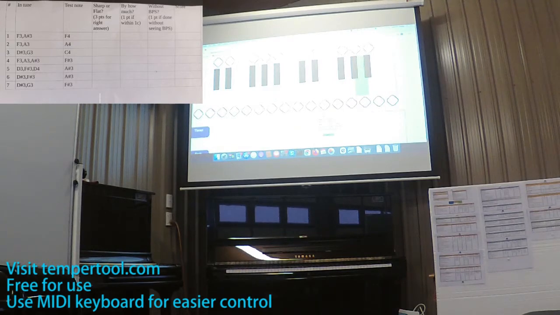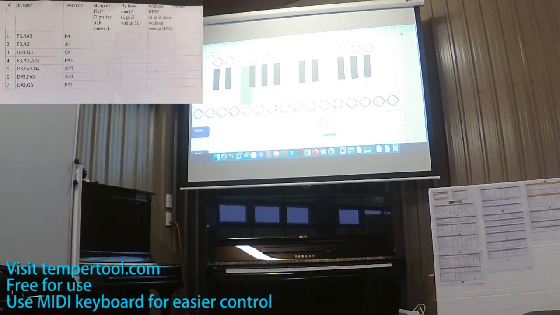I'll put this on 442 just in case anybody pulls out their ETD to check things. Since it's not on 440 anyway, we'll just use F. So there's the fundamental at 175.27. The second partial is double that, plus a little bit for inharmonicity.